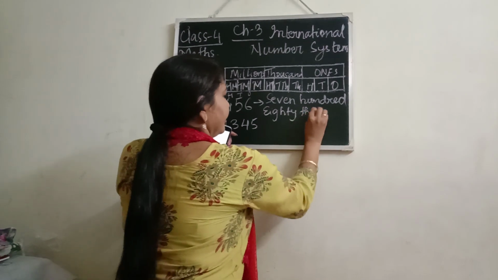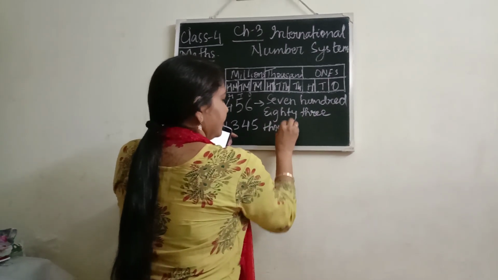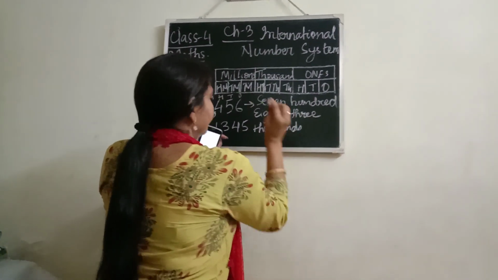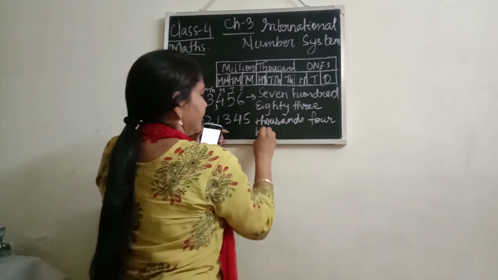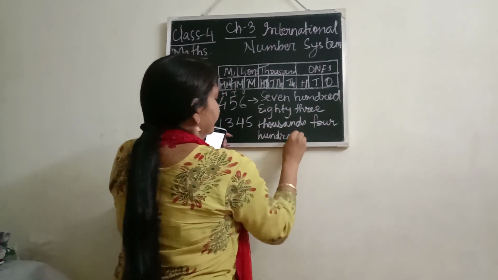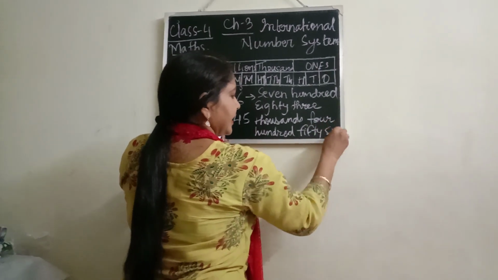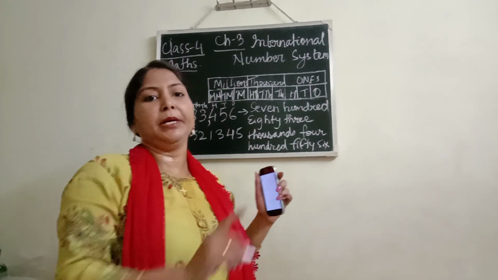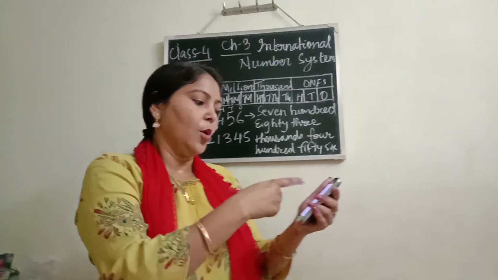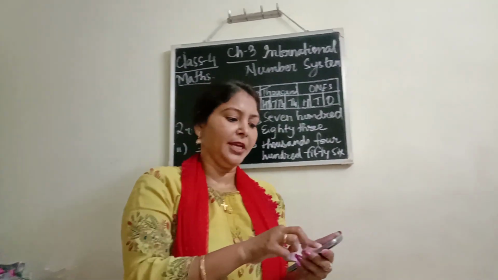Then 456. Okay, in this way you will write the number name, and you have to do all this A, B, C, D, E. Okay, all the questions you will be doing.